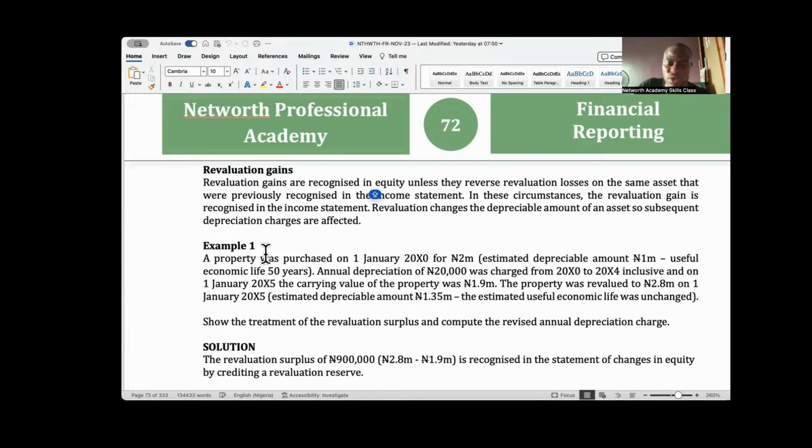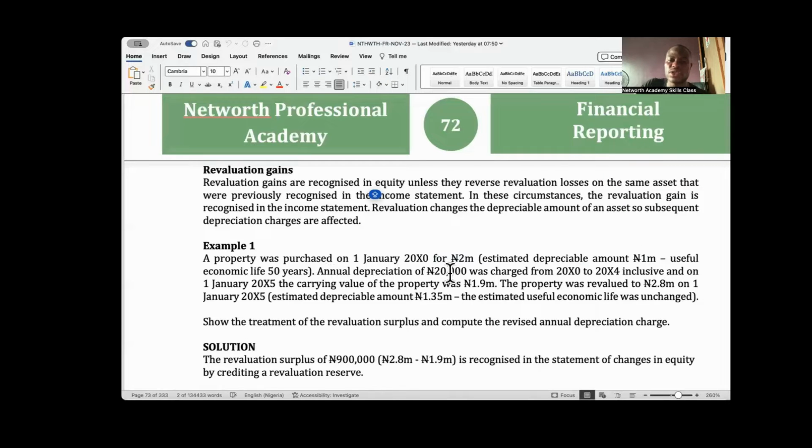Look at this question. They said a property was purchased on 1st of January 2000 for 2 million naira, and they gave us the depreciable amount to be 1 million naira, and the useful life to be 50 years. So they purchased it in 2000 and the cost is 2 million. Depreciable amount is 1 million.